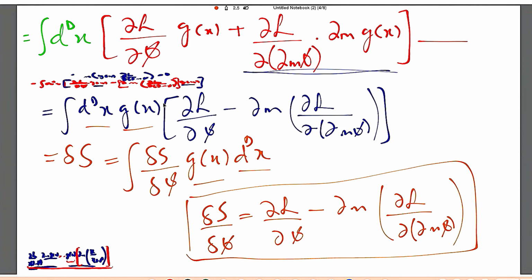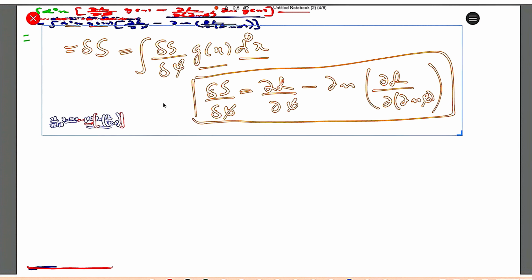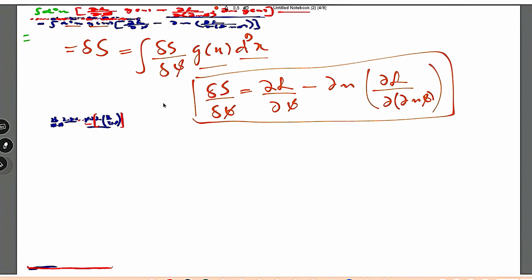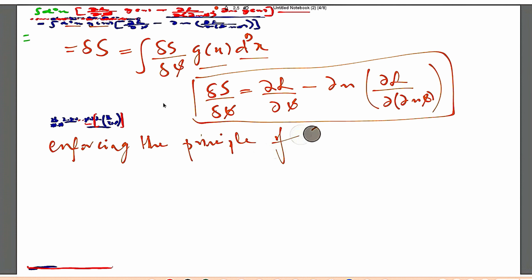However, there is one thing still missing, that is the principle of stationary action. Using the principle of stationary action, we get that the variation in action should be equal to 0.